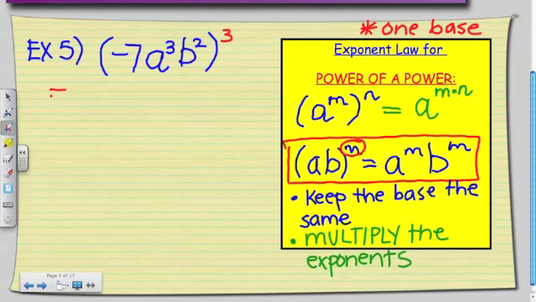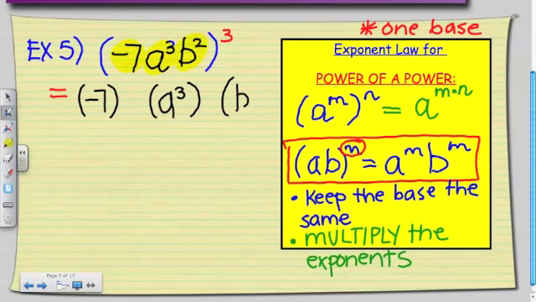So first of all, I have 3 separate terms that I'm applying the power to. The negative 7, my a cubed, and my b squared. So to each of those 3 separate terms, I'm going to apply the power of 3. And remember, there's no such thing as too many steps.